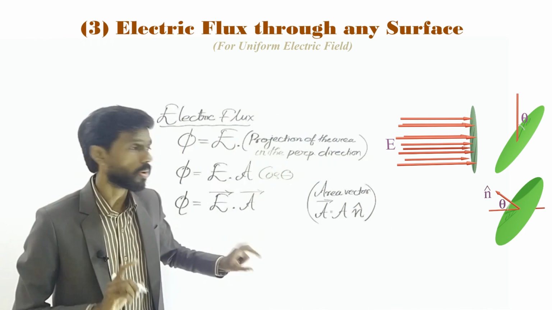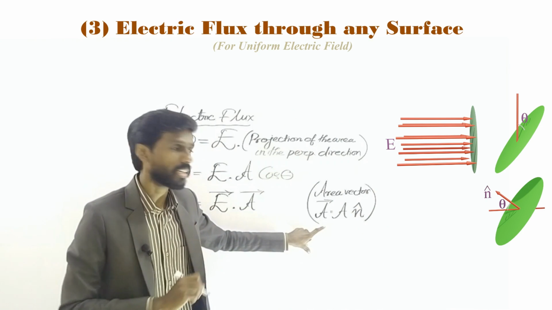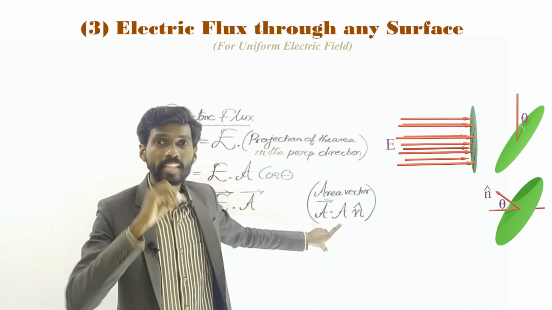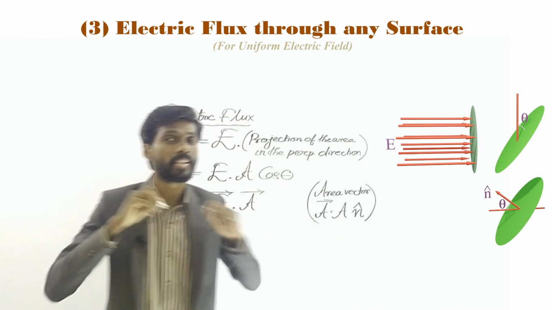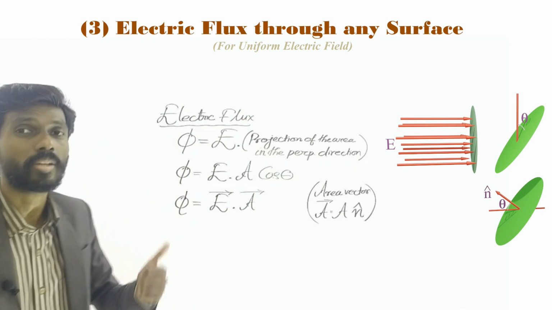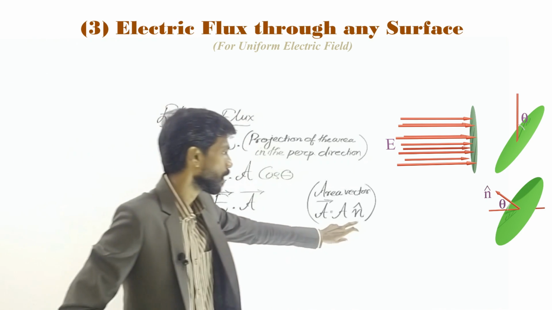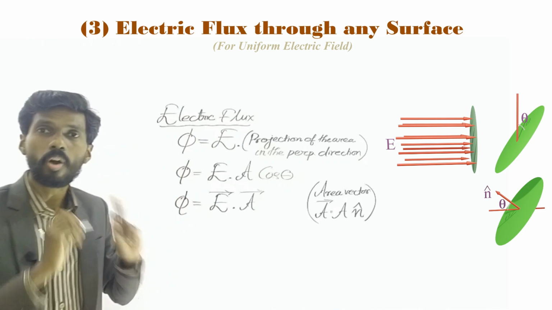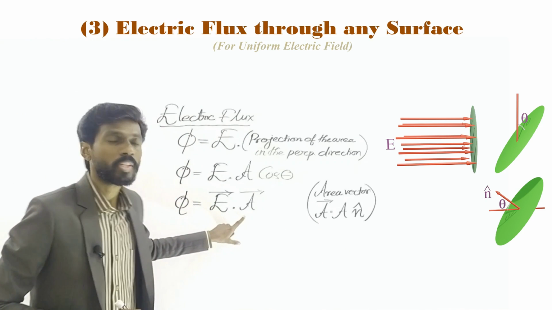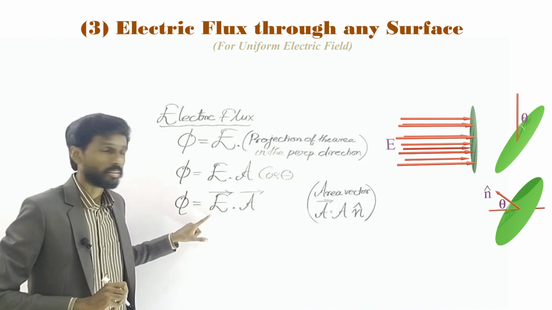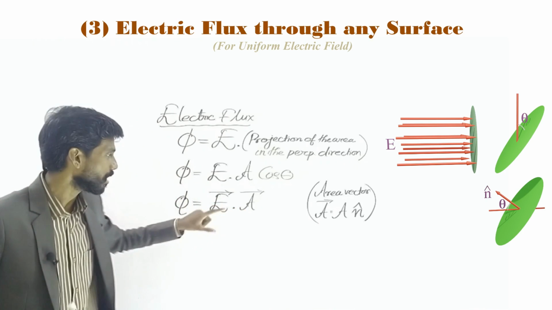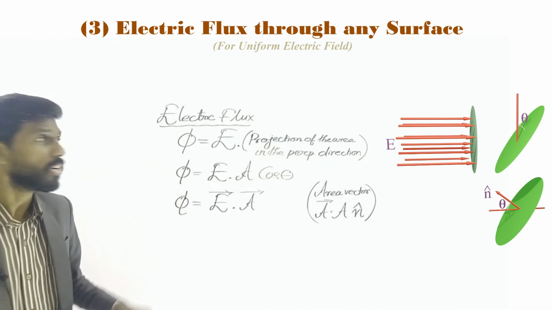This is also important for you to remember. The area vector has magnitude, the area itself, and also has the direction in the perpendicular direction, the normal vector. You understand? N cap is the normal vector to the surface. Alright, so that is the area vector. So E vector dot A vector is also taken as the definition of electric flux.